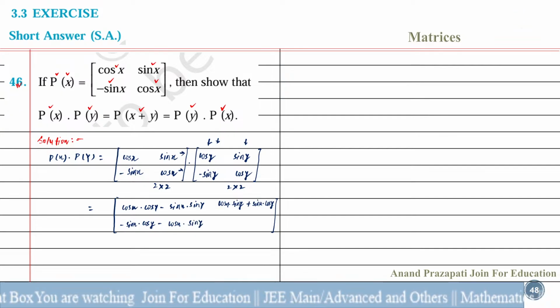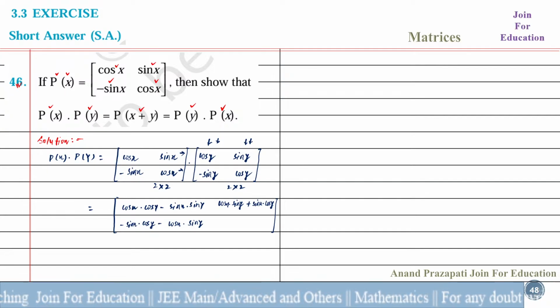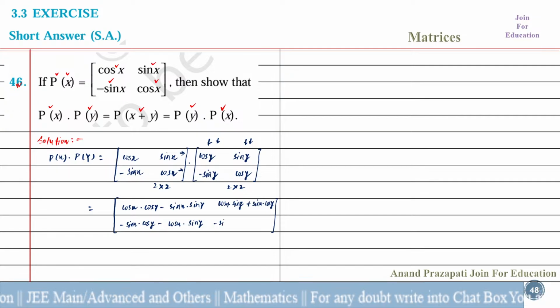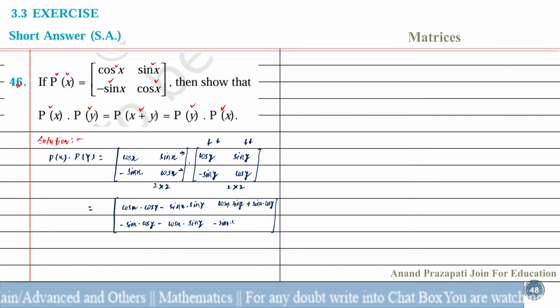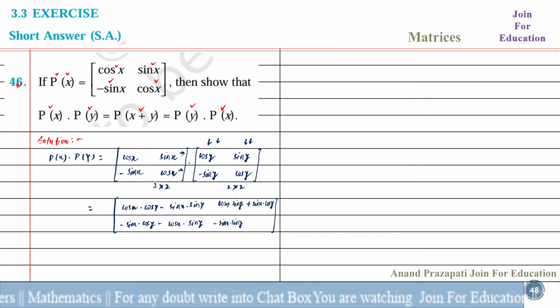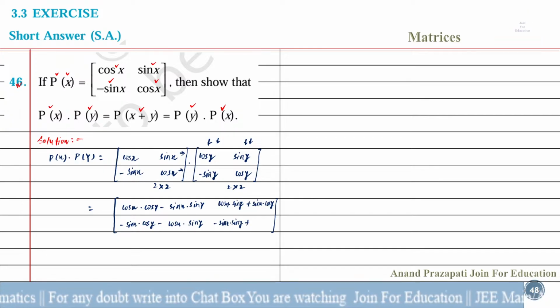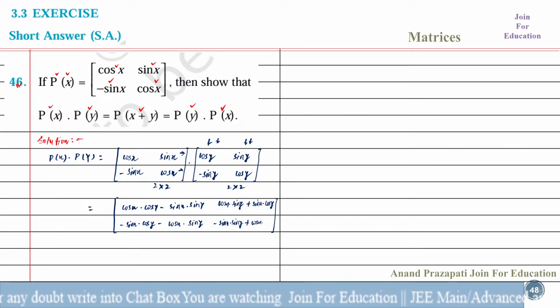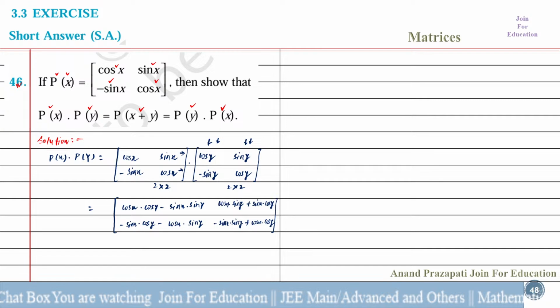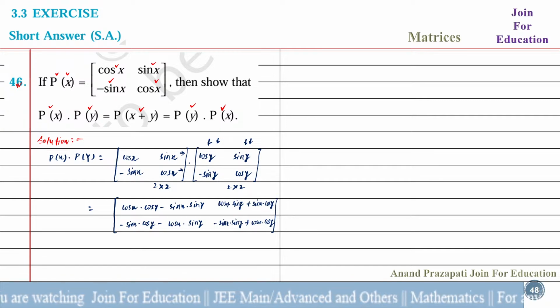Second row by second column, then we get minus sin x into sin y plus cos x into cos y. Hope that there is no problem to understand up to this step, therefore we write down here.